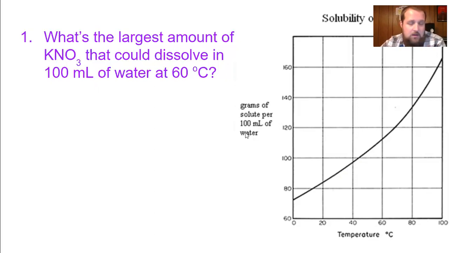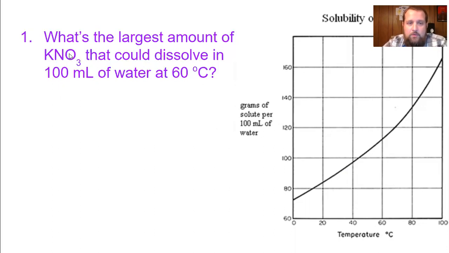That's them saying, we're going to focus just on 100 milliliters of water, because you can't compare different amounts of water to each other. Like how much salt can dissolve in this much water versus how much salt can dissolve in this much water. It's not a fair comparison. So we're going to say, okay, just 100 milliliters, how much could dissolve at 60 degrees?